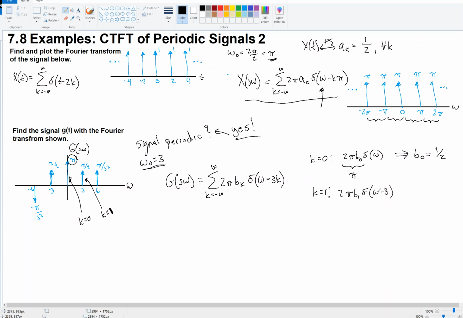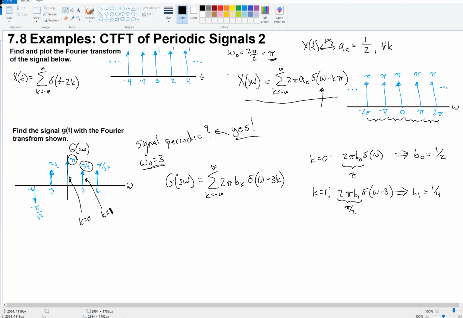Anyway, this is the k equals 1 term. The k equals 1 term is shifted by 3, and the scaling constant there is pi over 2. So I need this scaling constant to be pi over 2. What does that mean about b1? What does b1 have to be? Well, it is 1/4.